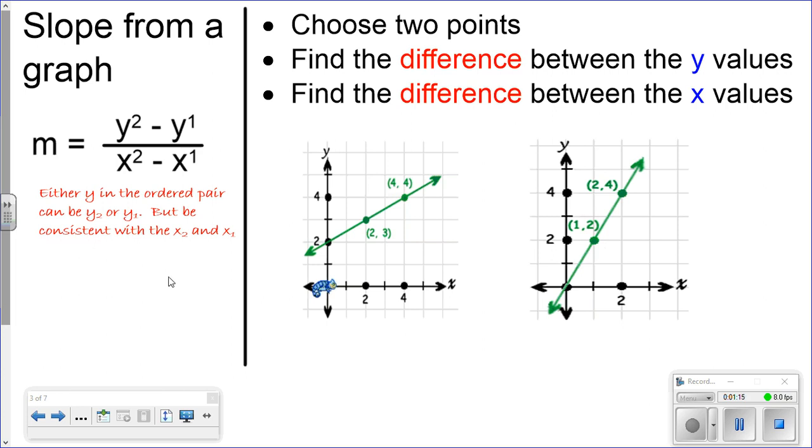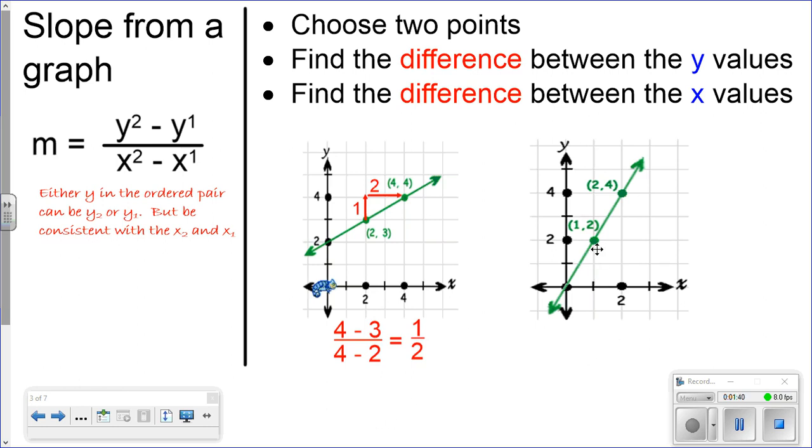In this first graph here, if we were to just count the slope, we would take 2 points and count up 1 over 2. But if we use the equation m equals y2 minus y1 over x2 minus x1, it would be 4 minus 3 over 4 minus 2, so we get the same answer of 1/2.